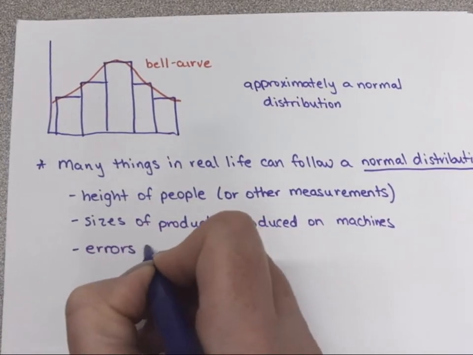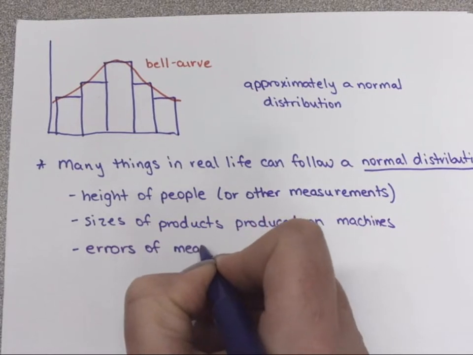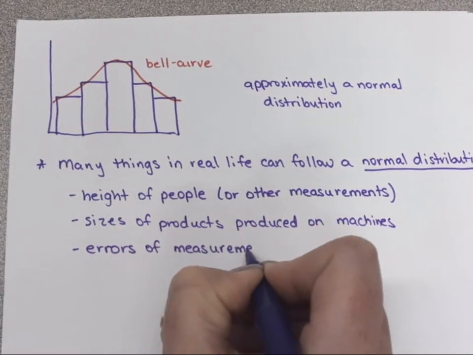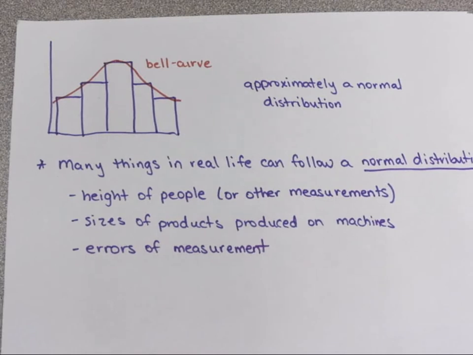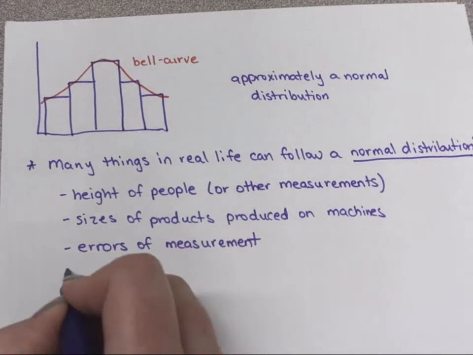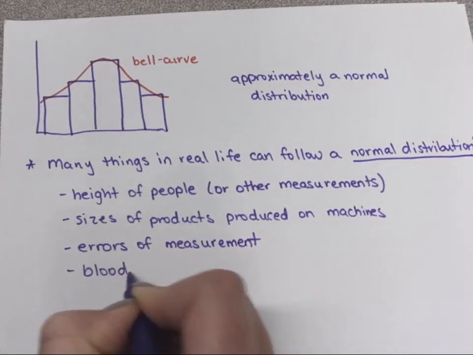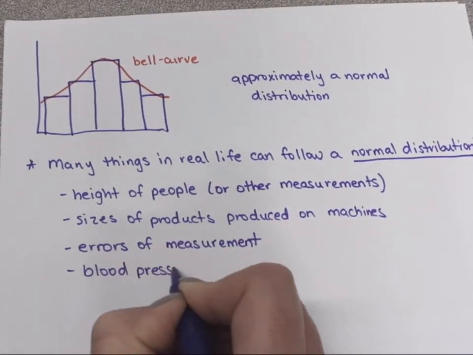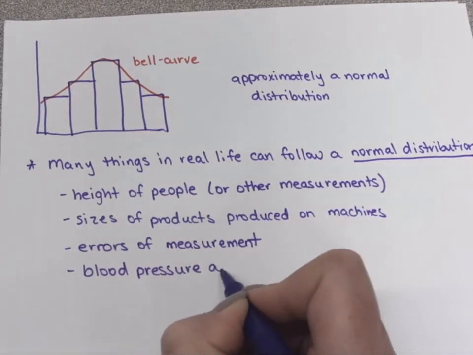Errors of measurement also often follow a normal distribution. Okay, even the best programmed machine will have errors, okay? And so the errors usually follow a normal distribution.